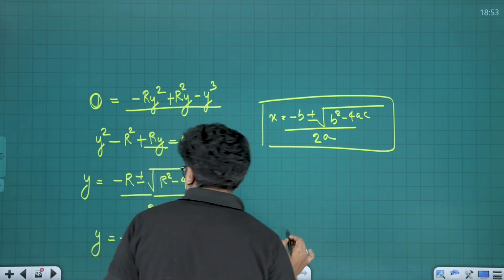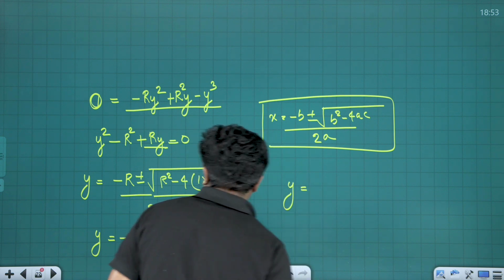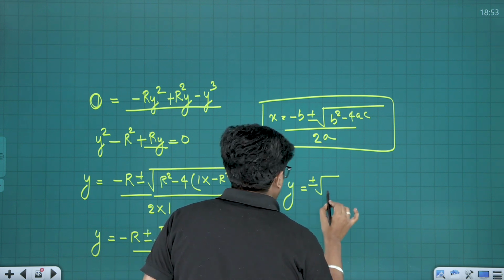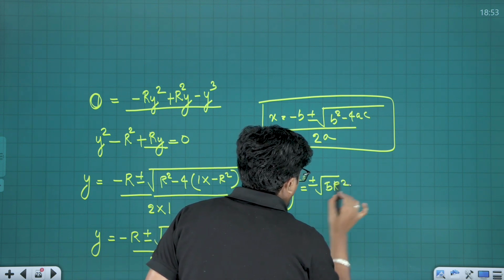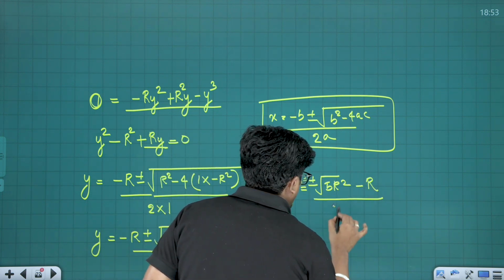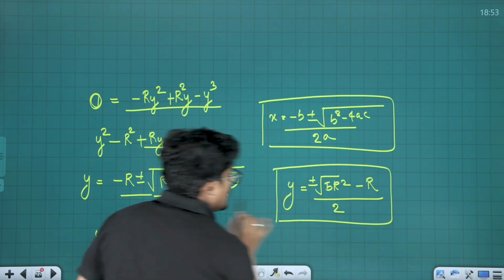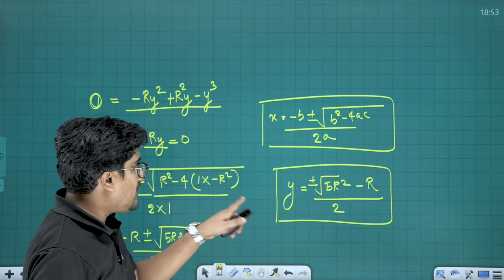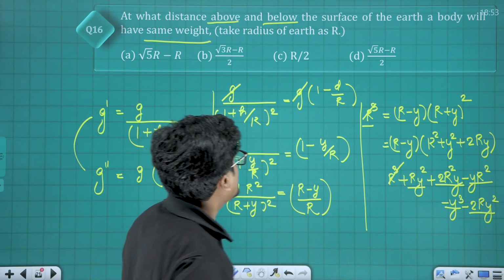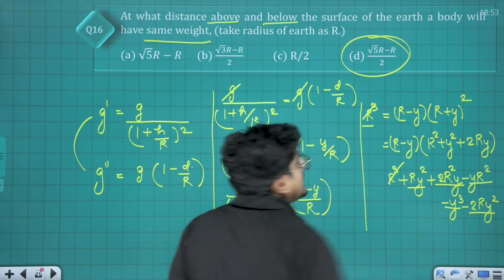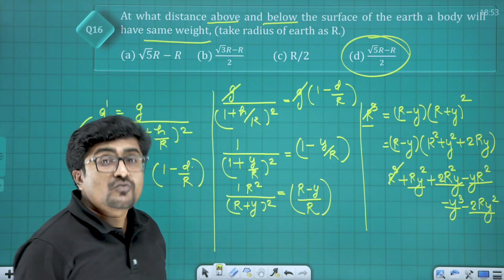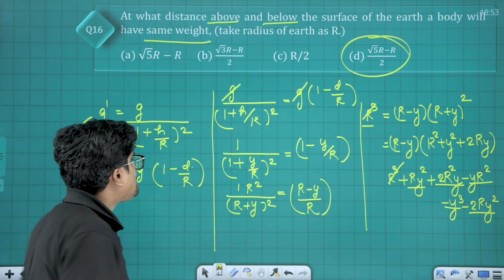Okay, so we are getting y equals plus or minus root of 5 r square minus r all divided by 2. Now let me check with the options here, isn't it? So it needs to be what? Option D is going to be the correct answer in this case. Was that okay? Now let us move to the next, that is question number 17.